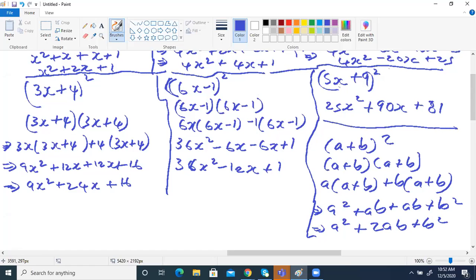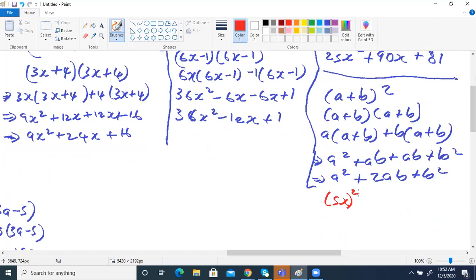So when I see this now, all I need to do is think of 5x as a, and then I know that for my final answer I should have a squared.